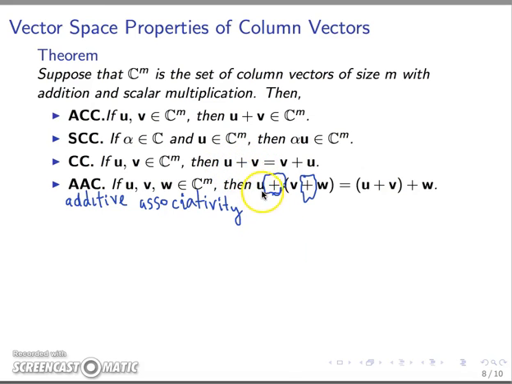So you still have u plus v plus w. If you're reading this from left to right, u, v, and w appear in the same order, in the same locations. So this is not unlike commutativity, where you have u here and w there, and then you send u second and v first.